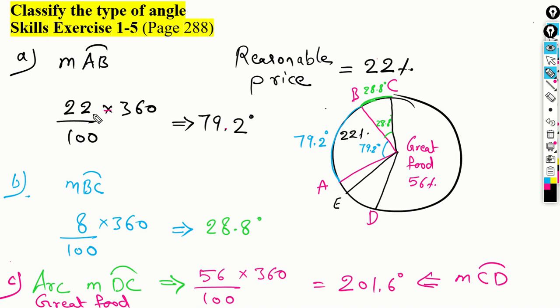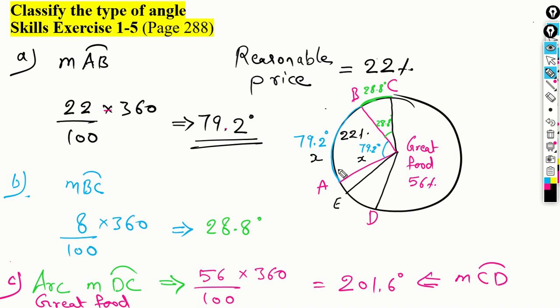Now 22 divide 100, multiply with 360. Why? Because the total angle is 360. When you solve this, you will get 79.2 degrees. If this angle is 79.2 degrees, then the arc will also be 79.2 degrees, because the angle made at the center is the same as the arc. If this is x, this is also x.